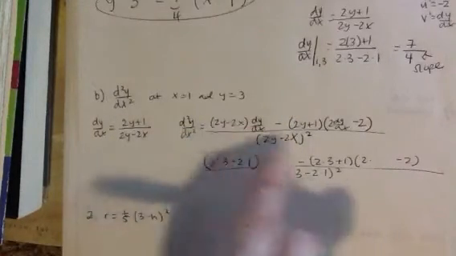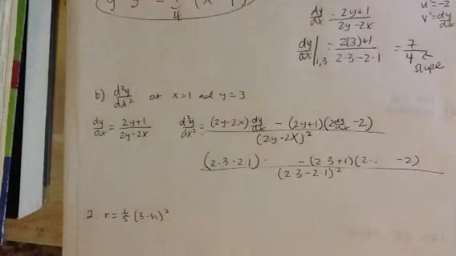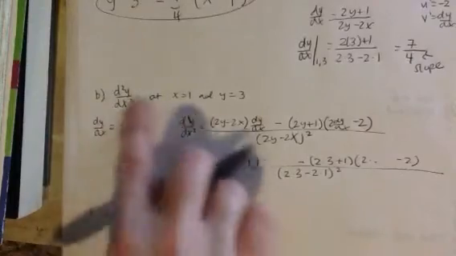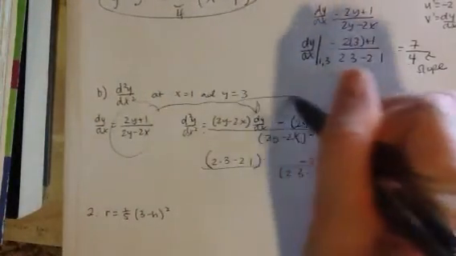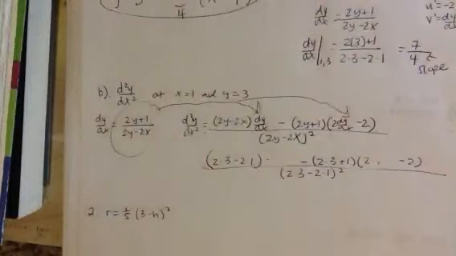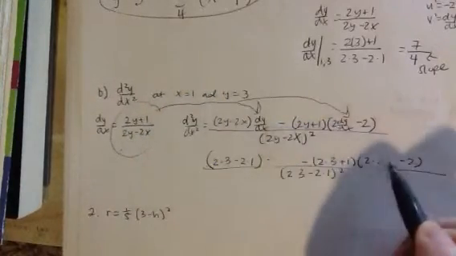I've plugged in for x and y, but I still need to plug in dy/dx right here and right here. Now, two ways you could do this. You could say, hey, this is dy/dx right here. Take this, substitute it in for the two dy/dx's, which is totally fine, and then plug in your numbers. I prefer to just plug in my numbers here, get what dy/dx is, and then substitute it in.